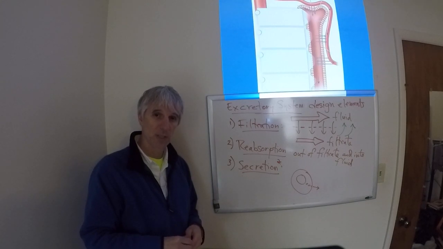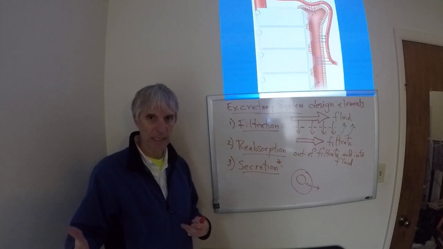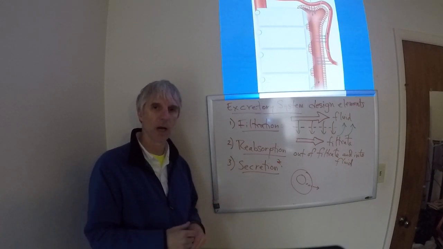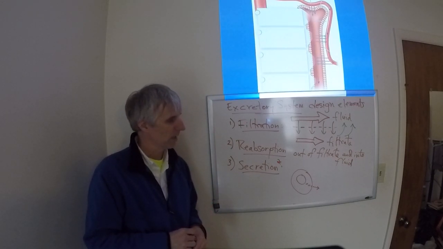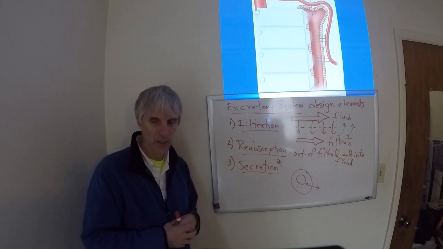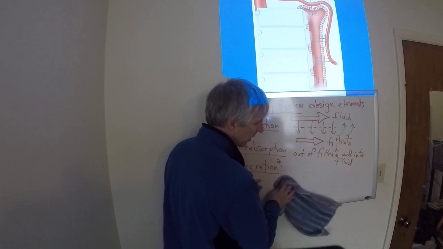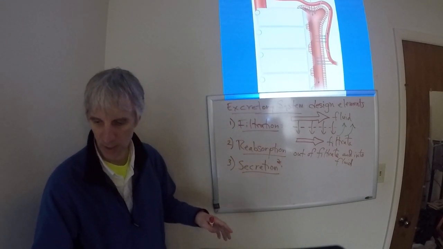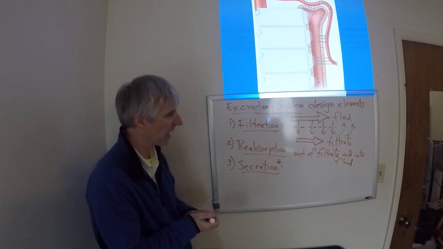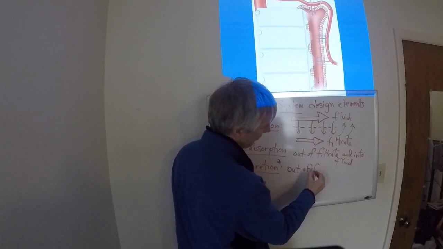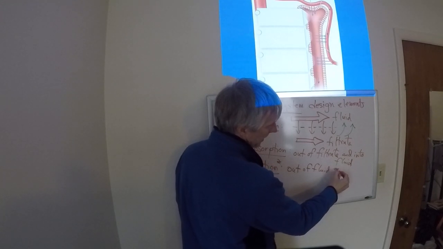So in an endocrine system, we could say that hormones are secreted. So we could have the pancreas secreting insulin or glucagon into the circulatory system. That's one definition of secretion. That's not this one. This one has nothing to do with how secretion is used in endocrine systems. Instead, secretion is where we take things out of the fluid and into the filtrate.